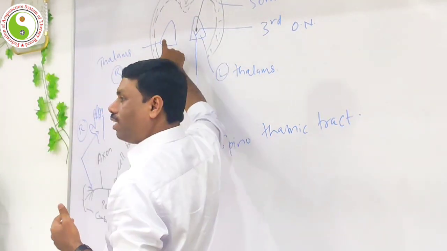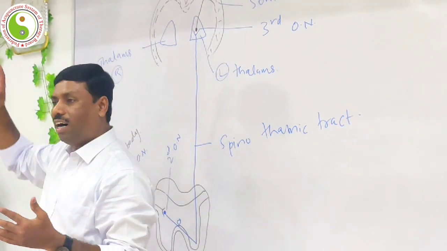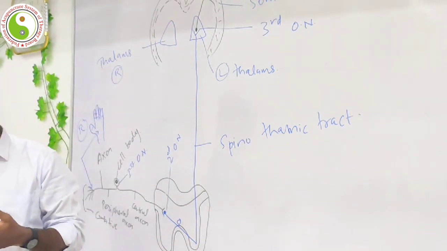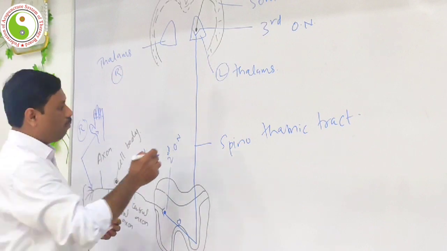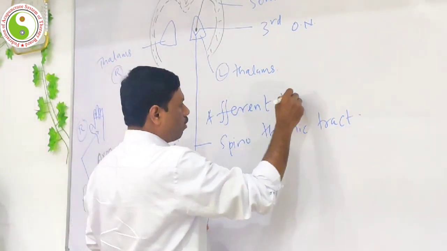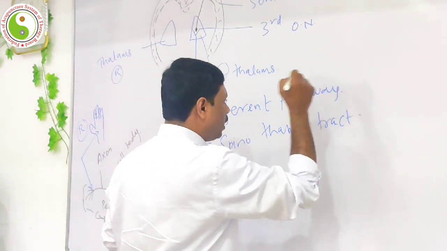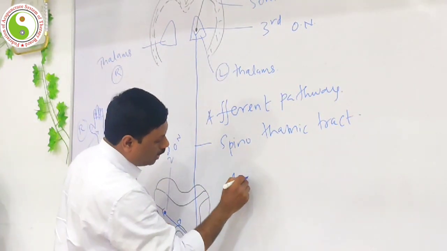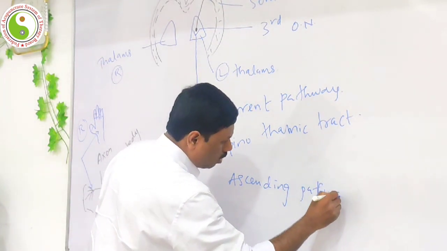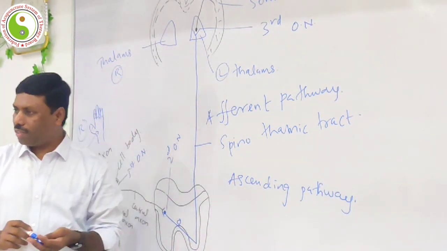this whole area is called the ascending pathway, or the afferent pathway. Whenever you study a medical book, they will mention it as the afferent pathway. This pathway has another name, the ascending pathway. What is the ascending pathway?